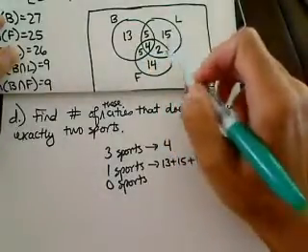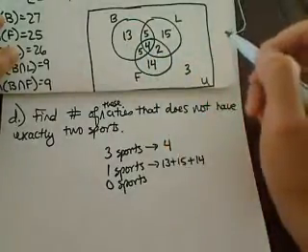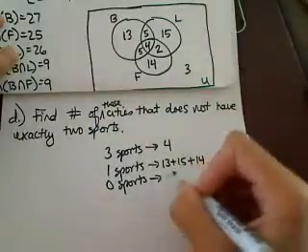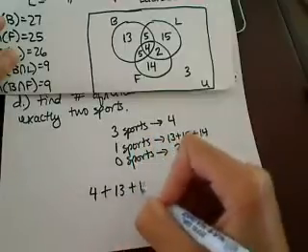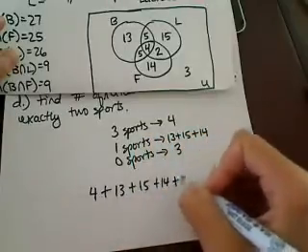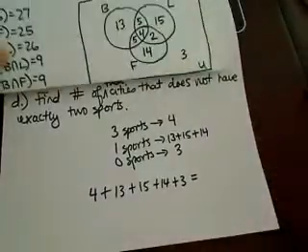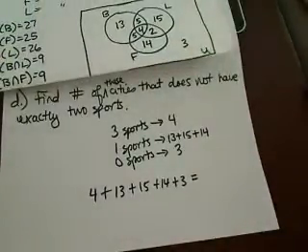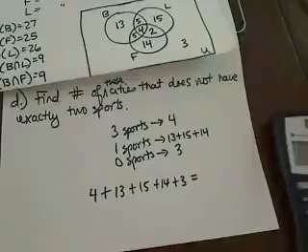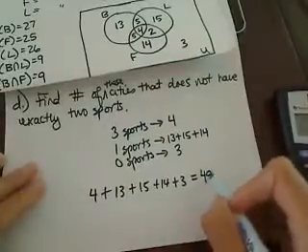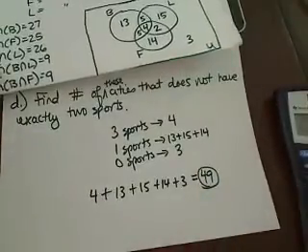So that's these regions. And then 0 sports, there's 3 cities. If we add all of those up, 13, 15, 14, and 3, let me use my calculator. So I get 49 there. Okay, and that's it for this problem.